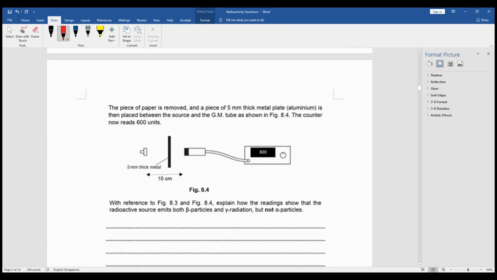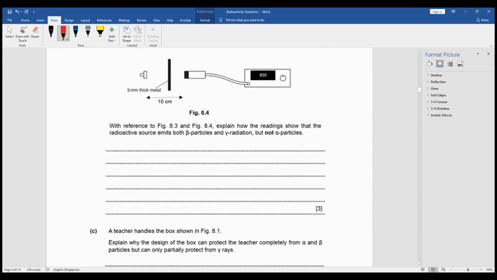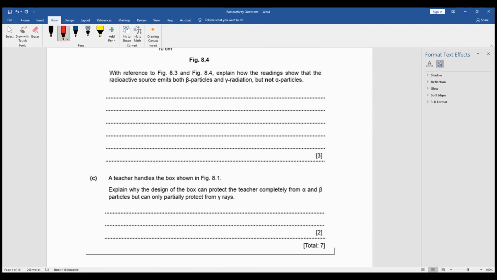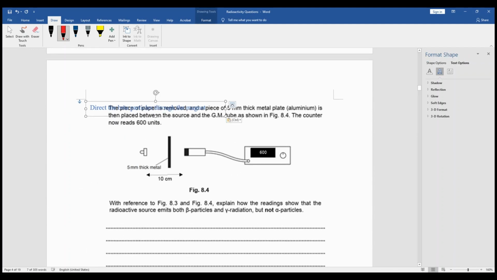Okay, and if the paper is removed and replaced with a 5 mm metal plate, the counter now reads 600. So what does this tell us? Okay, it tells us a lot of things actually. We're just going to analyze it bit by bit here.